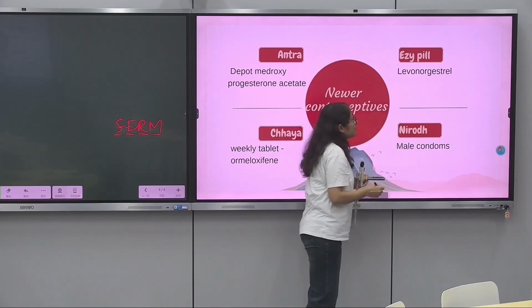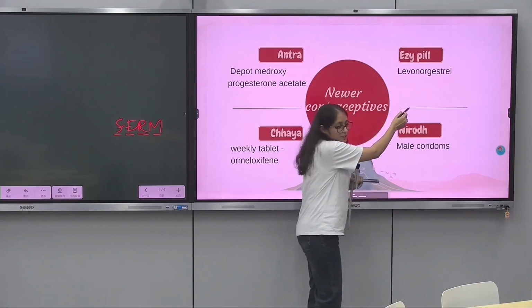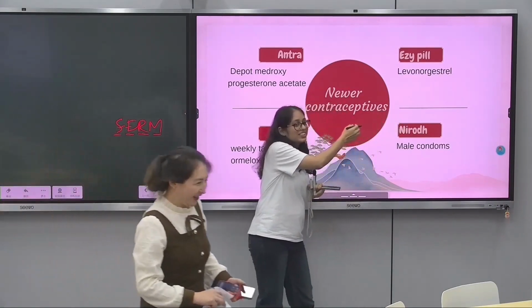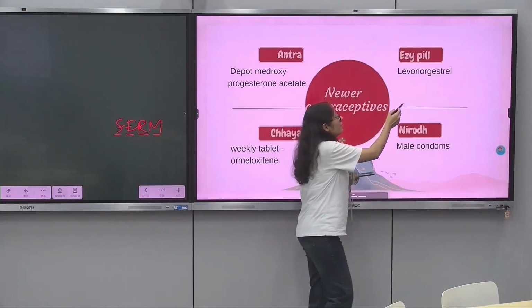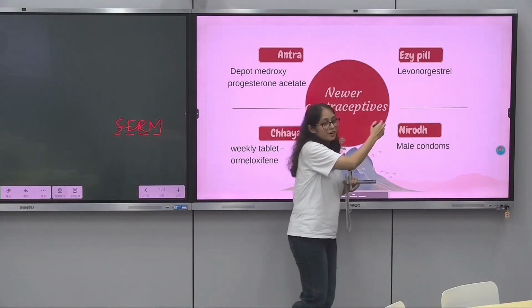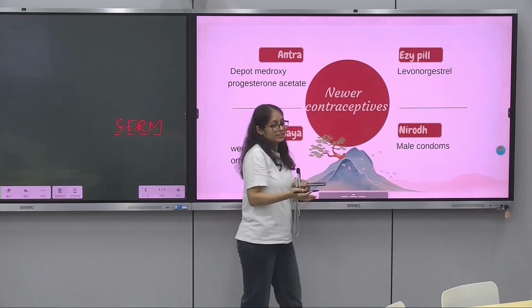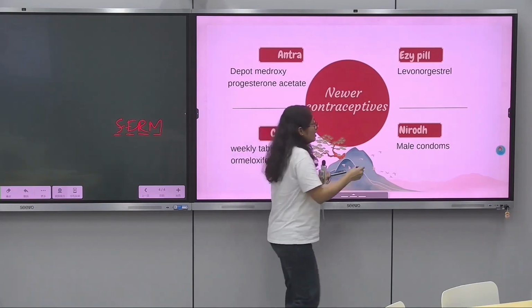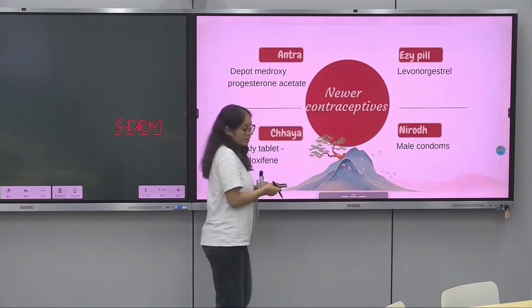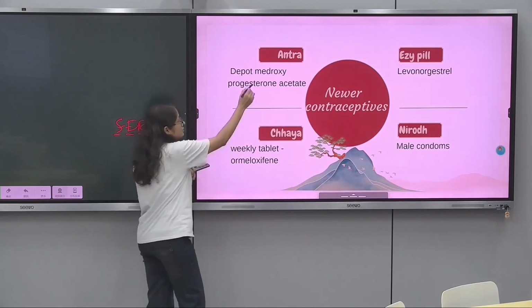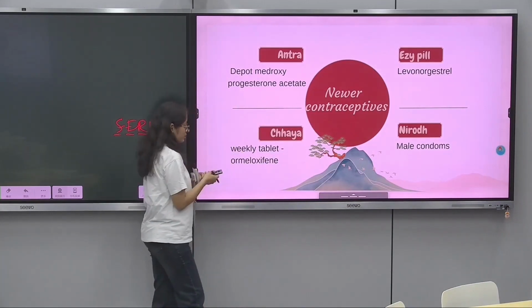Next are Easy Pills, which have levonorgestrel. Levonorgestrel is the one responsible for emergency contraception, after intercourse. Nirod is the oldest one, and right now these are the pills that have started to be introduced.